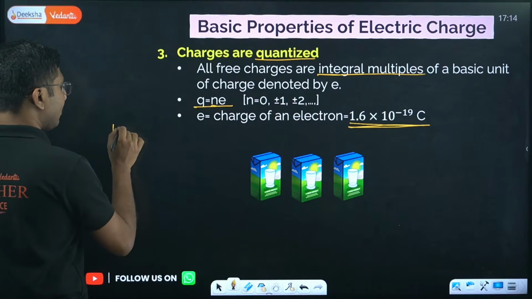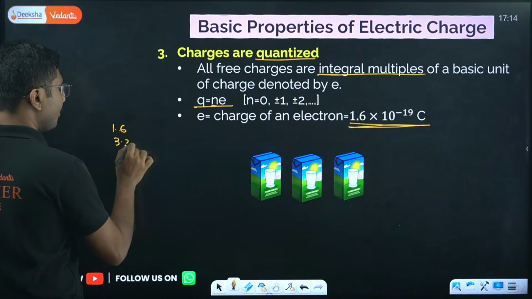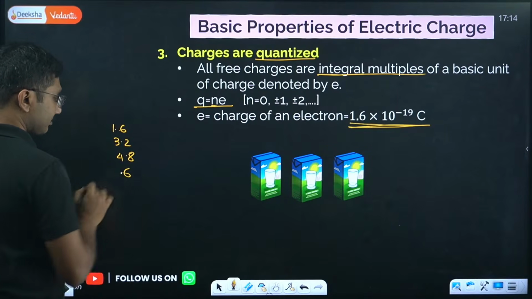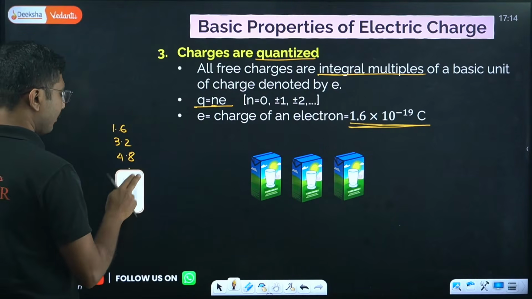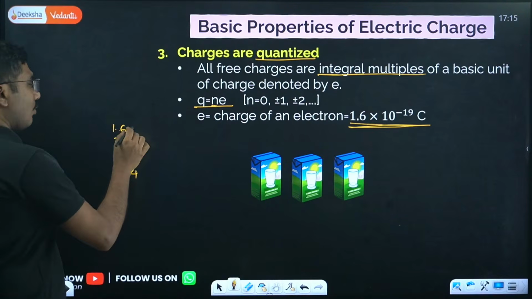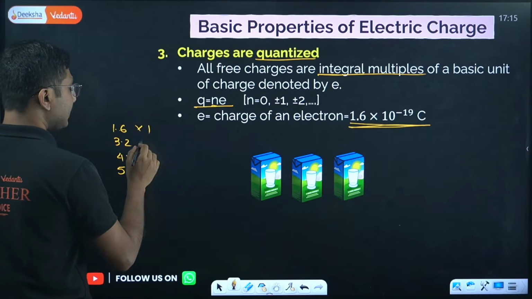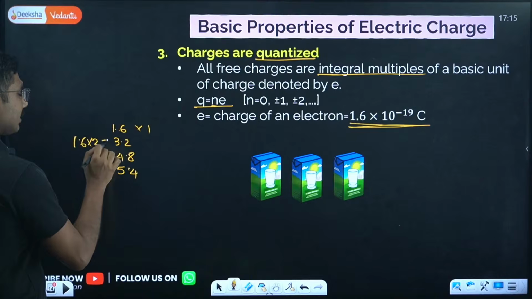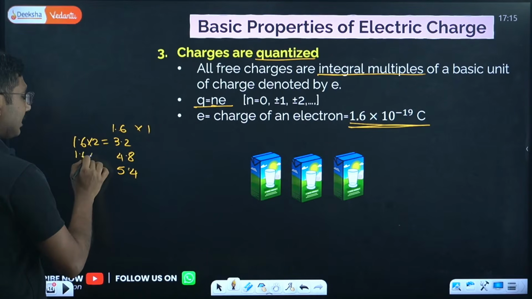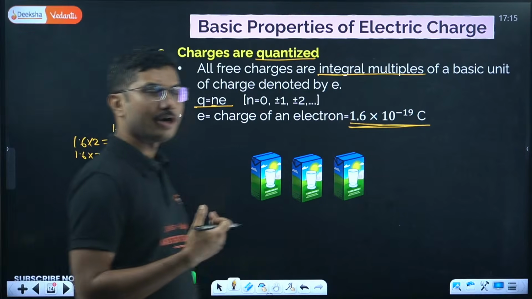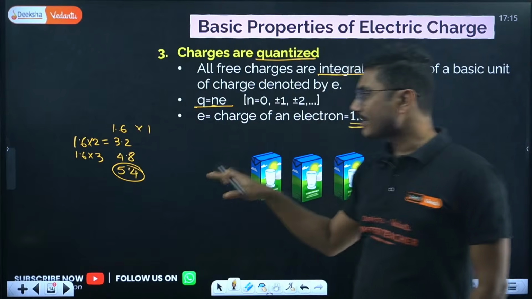The charges given are 1.6, 3.2, 4.8, and I believe 5.4. 1.6 into 1 is 1.6, 1.6 into 2 is 3.2, 1.6 into 3 is 4.8, but 5.4 is not a multiple of 1.6.